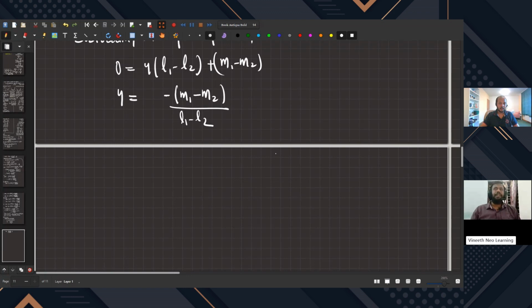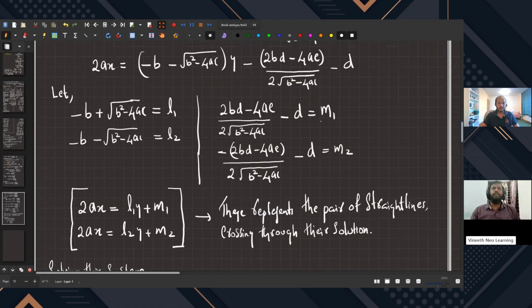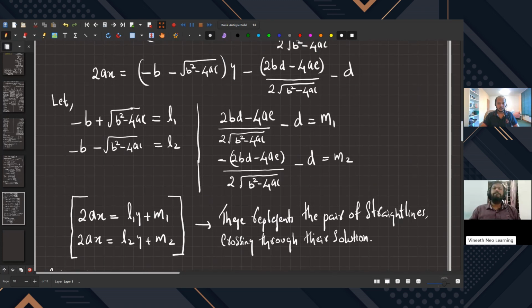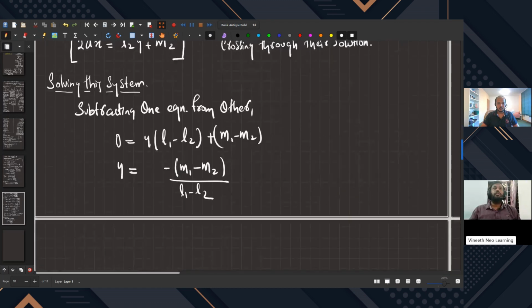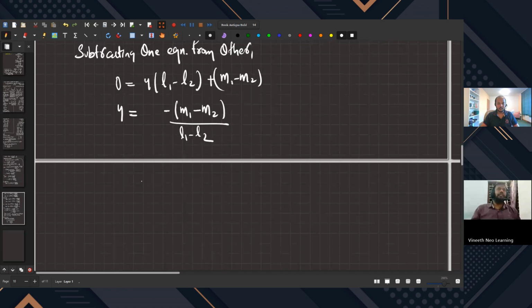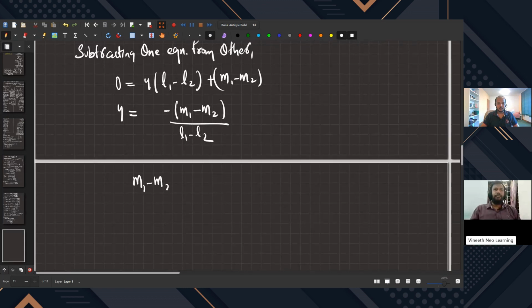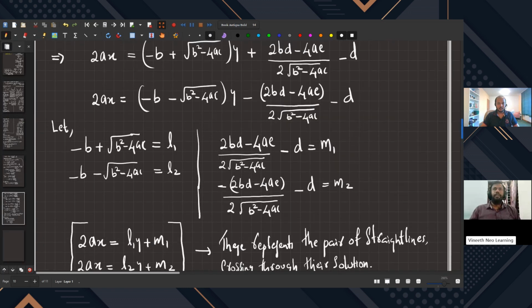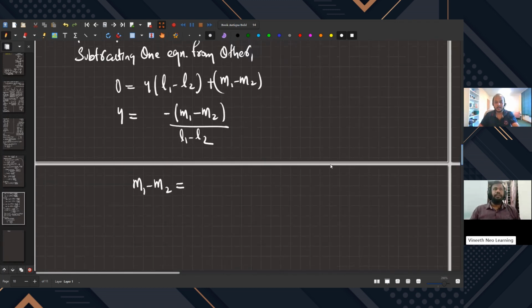So M1 minus M2 becomes, I think, 2BD minus 4AE over B square minus 4AC. What is M1 minus M2? It's not 2BD. M1 minus M2, negative.